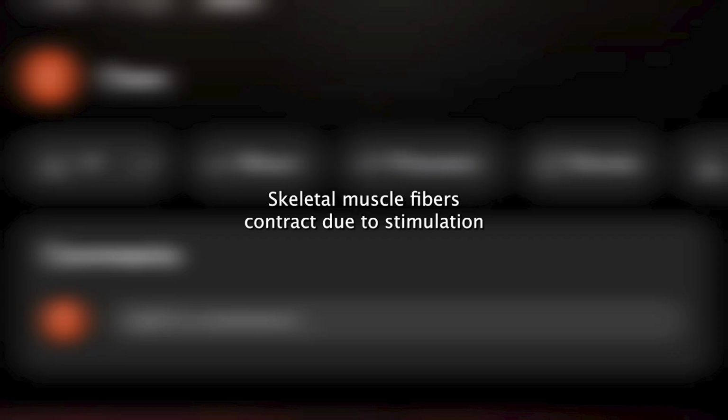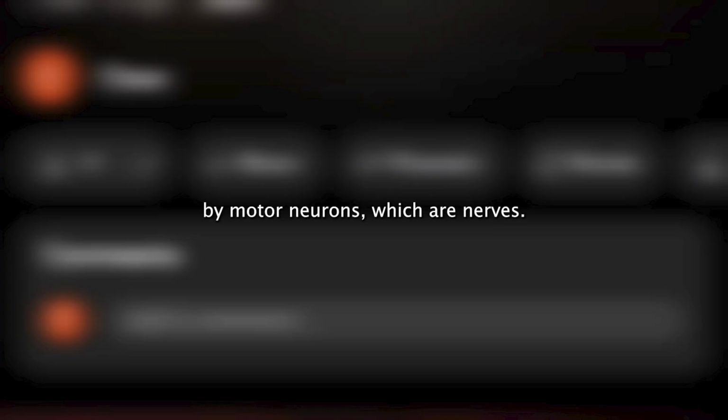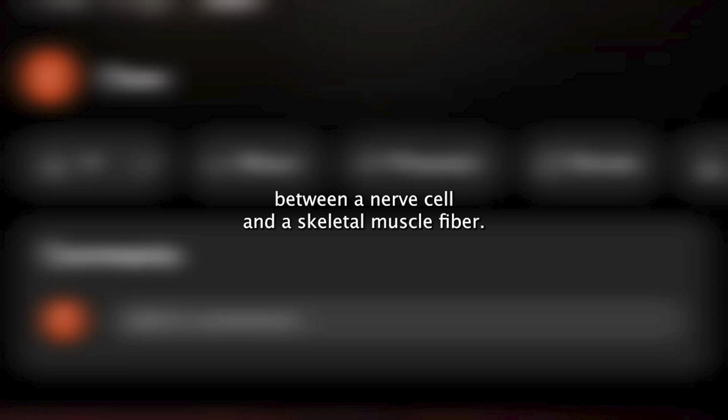Excitable membranes are found in skeletal muscle fibers and neurons. Depolarization and repolarization events produce action potentials, again, electrical impulses. Skeletal muscle fibers contract due to stimulation by motor neurons, which are nerves. The neuromuscular junction is a synapse between a nerve cell and a skeletal muscle fiber.